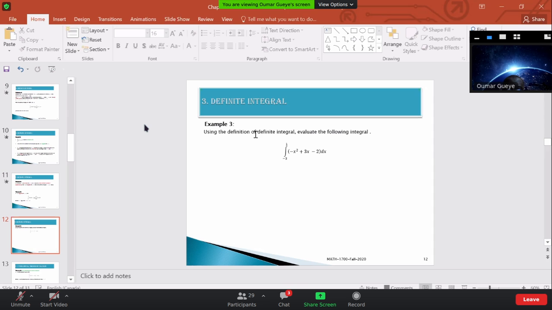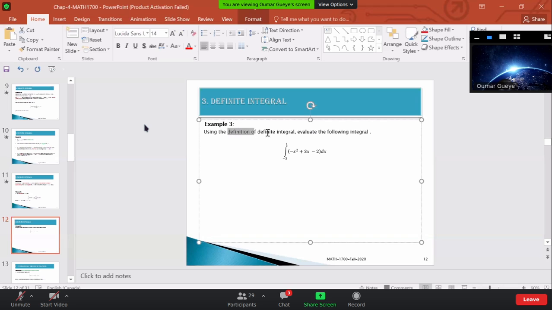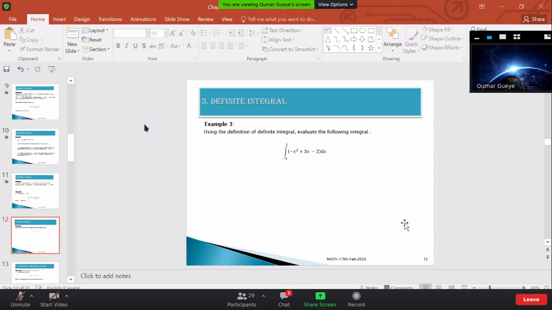So the long way. If the question does not mention this, you can use the FTC that you did in 1500, and that's exactly what I'm going to remind you next, and we'll see again how to apply it.